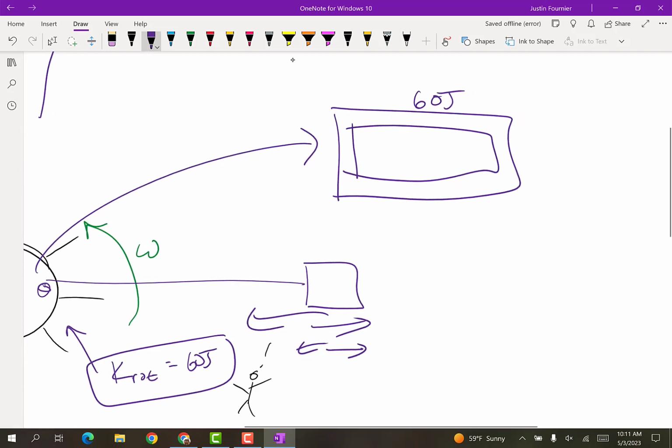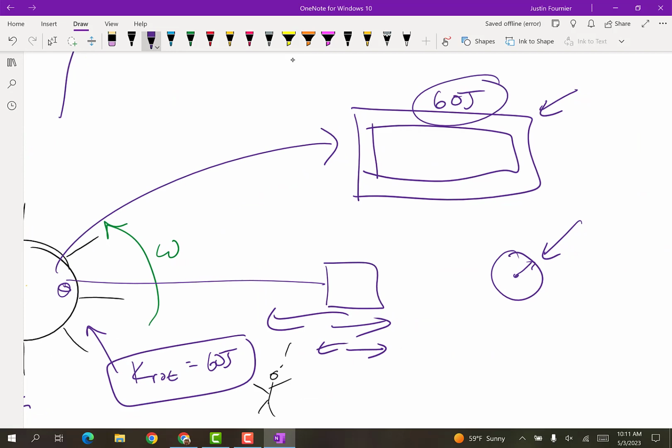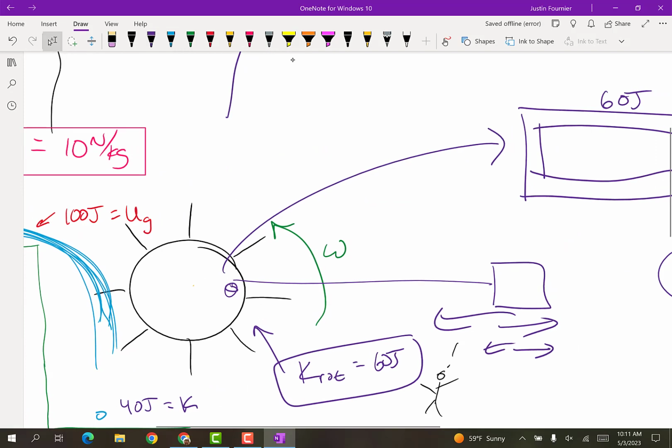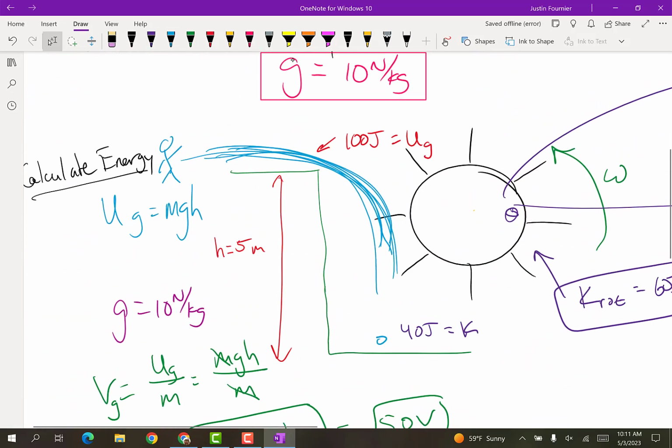But then let's also say I want to run a small little clock. Well, this TV is going to need much more energy than this clock is going to need. So I would need maybe 60 joules here, but I would need maybe 2 joules over here. So how can I divvy that up appropriately? That's where the idea of potential is. You get to control how much water flows through.